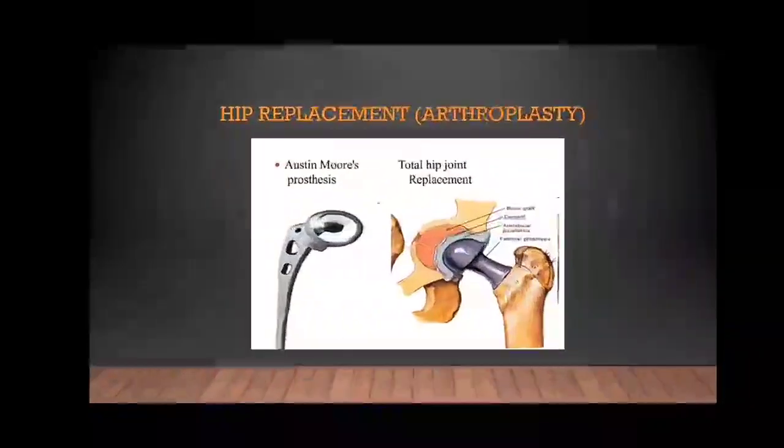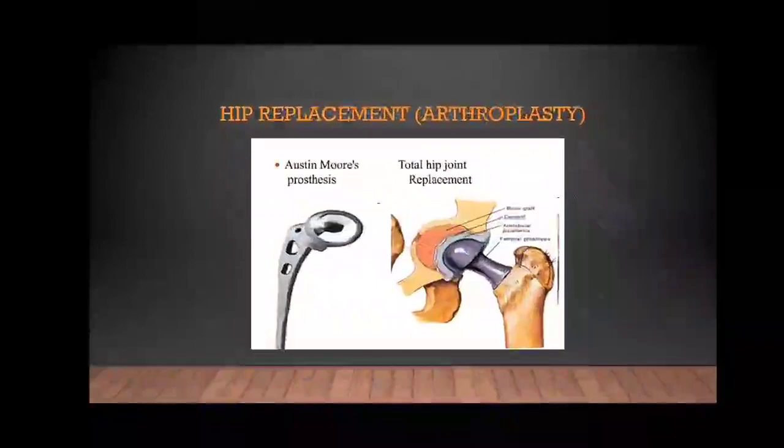We can also do hip replacement surgery or arthroplasty in patients who have poor bone stock, who are osteoporotic, who have comminuted fractures, and who have less prognosis to survive the surgery. So we can do a joint replacement.